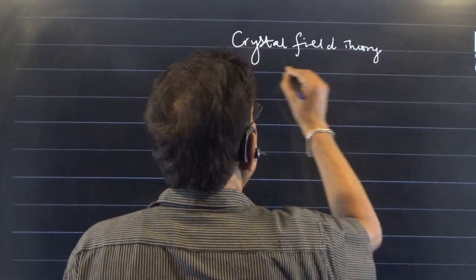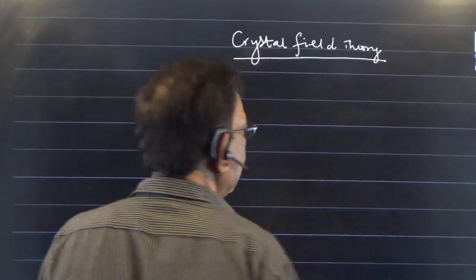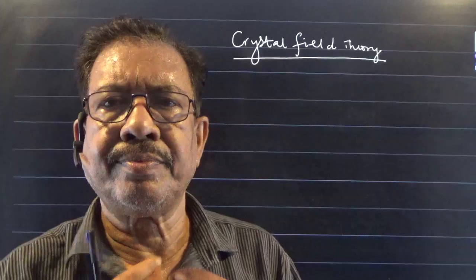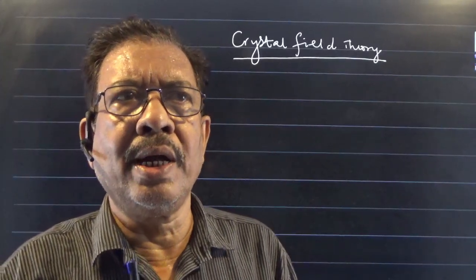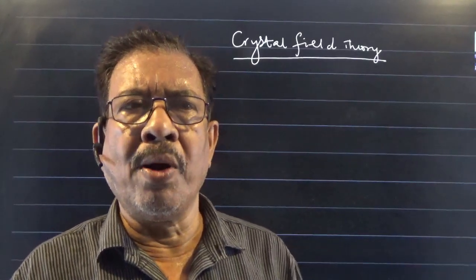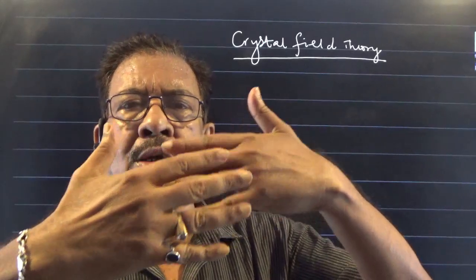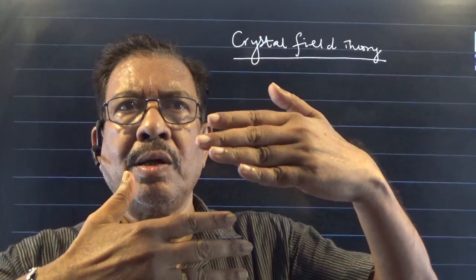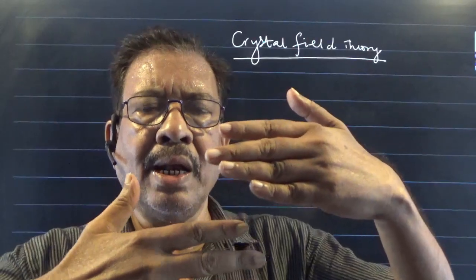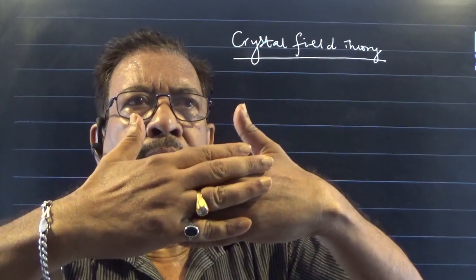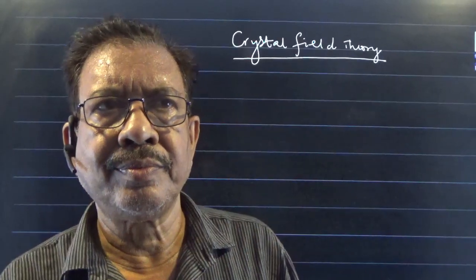What is crystal field theory? Valence bond theory is the overlapping of the metal orbital with the ligand field orbital to form covalent bonding.